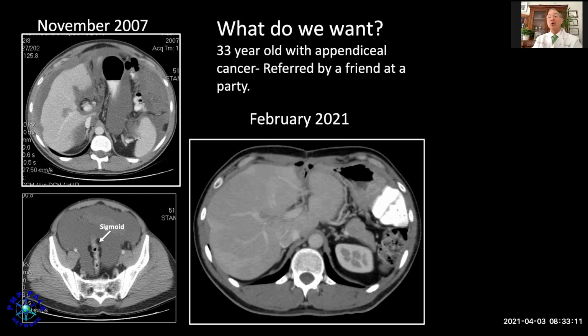And even though he had massive disease to begin with, he has been able to have a normal quality of life. He got married, has 2 kids, and runs his foundation and his company. So all that is why we do what we do, knowing that it really changes people's lives.